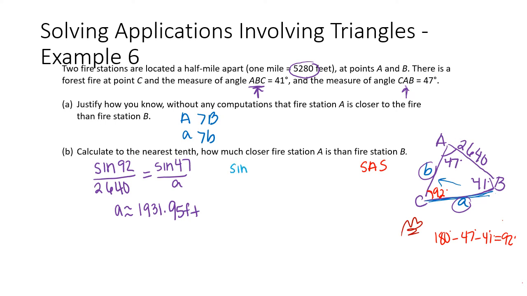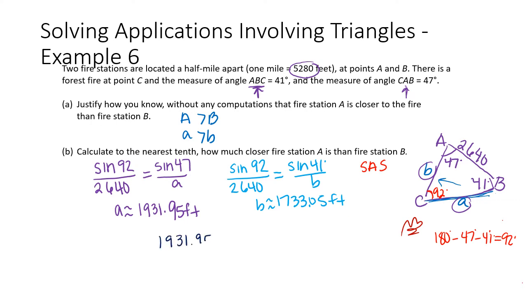So the sine of angle C over the length of C equals the sine of angle B over side B. I'll let you go and do that algebra. You end up getting that side B is 1,733.05 feet. So to see how much closer station A is from station B, we will take 1931.95, subtract 1733.05, and we end up getting that it is 198.90 feet closer.